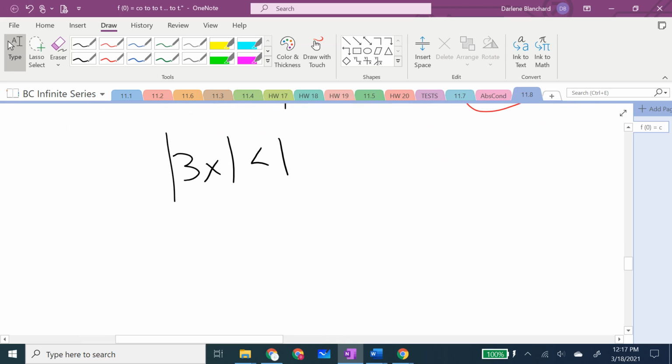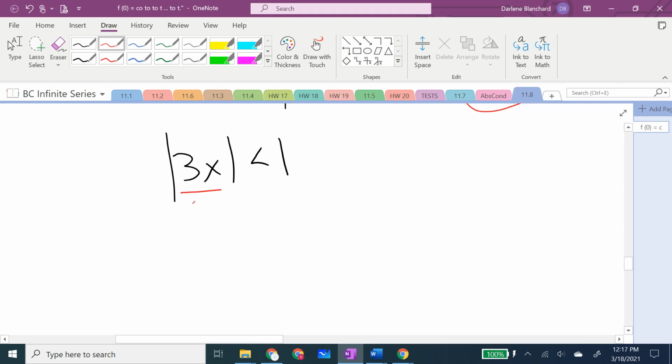What is the solution of this inequality? And remember that when it comes to inequalities, you can solve them just like equations with one exception, and that's the issue of dividing and multiplying with negative numbers. There you go.